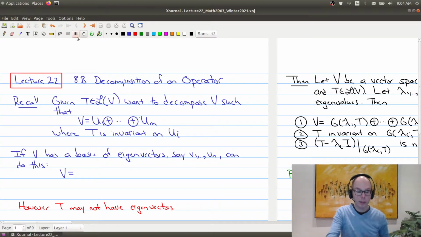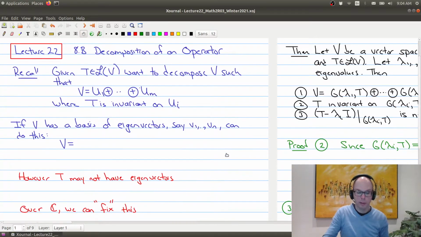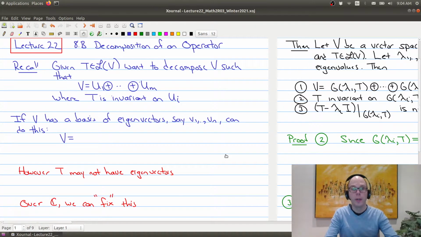Let me first set up the situation we want to look at. Remember, our goal is something like this. If we're given an operator, can we decompose our vector space so that V is a direct sum of subspaces such that T is invariant on each of these subspaces? Now, we've already proved that you can do this if V has a basis of eigenvectors.